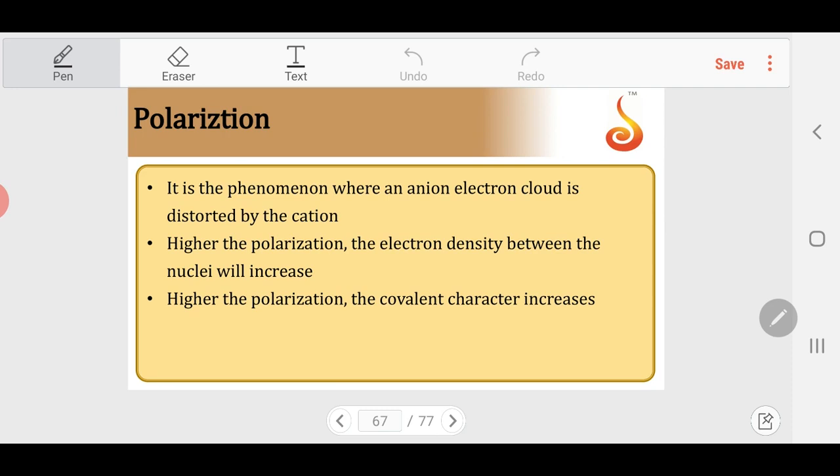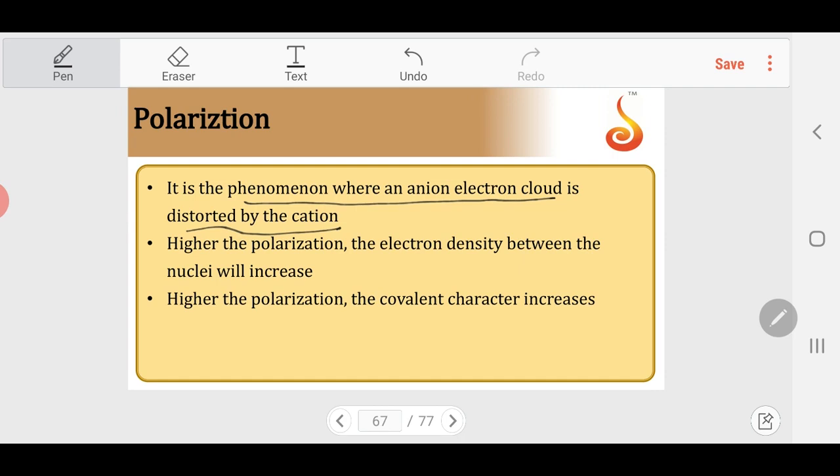Polarization. It is a phenomenon where, when a cation comes near an anion, the cation will try to distort the electron cloud of the anion. The distortion of the anionic electron cloud by the cation is called polarization. Polarization is maximum when the cation charge is high and the size is very small.